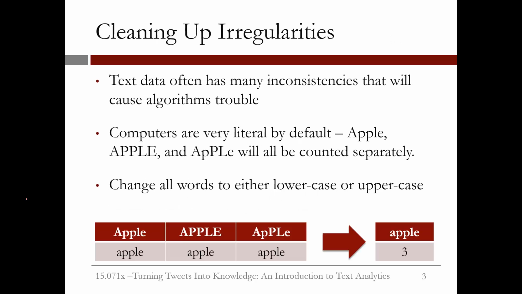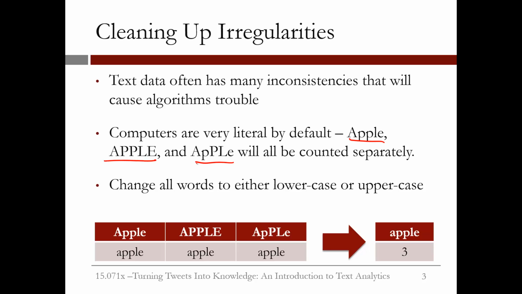One part of pre-processing the text is to clean up irregularities. Text data often has many inconsistencies that will cause algorithms trouble. Computers are very literal by default. Apple with just an uppercase A, Apple all in uppercase letters, or Apple with a mixture of uppercase and lowercase letters will all be counted separately.